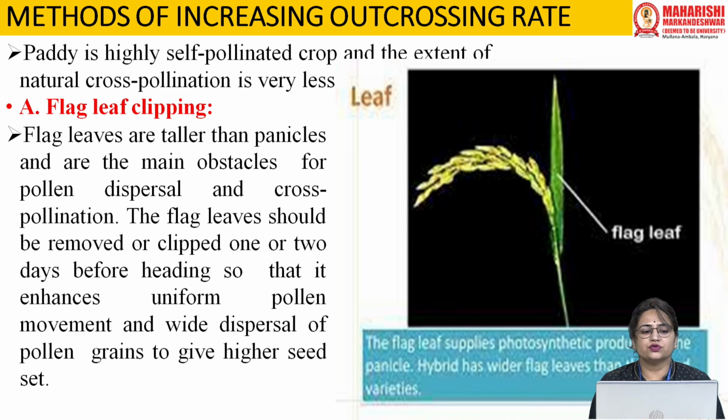The flag leaves should be removed or clipped 1 or 2 days before heading, so that it can enhance uniform pollen movement and wide dispersal of pollen grains to give higher seed set. So if we clip or remove this flag leaf, then there will be more seed setting.